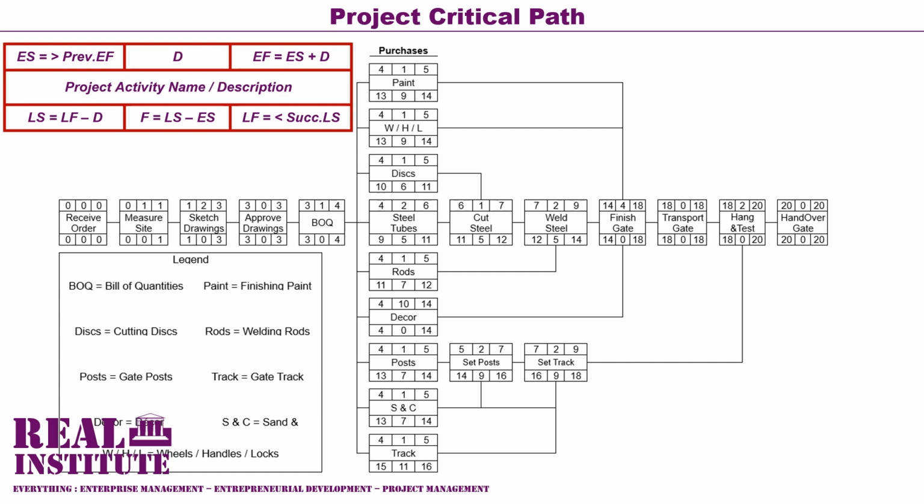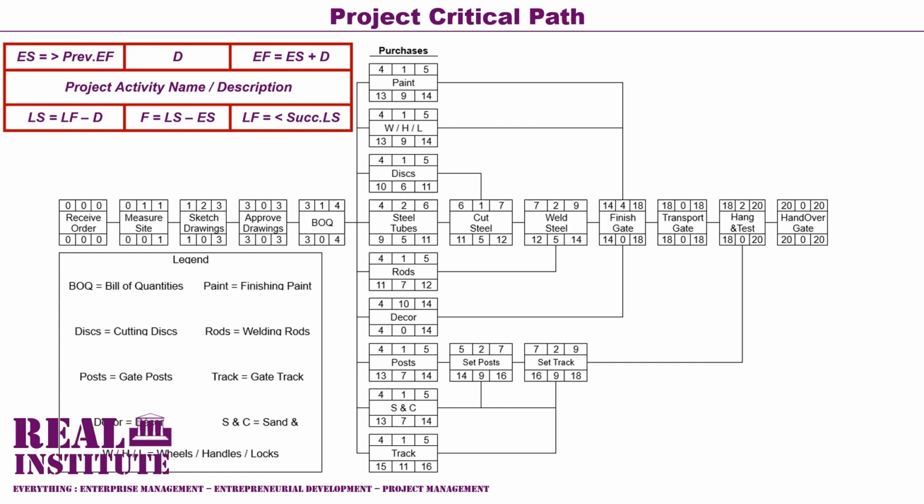Then activity order or purchase cutting discs has an early start value of 4 and a late start value of 10. Subtracting 4 from 10 yields 6. Therefore, it has a slack time of 6. Activity cut steel has an early start value of 6 and a late start value of 11.